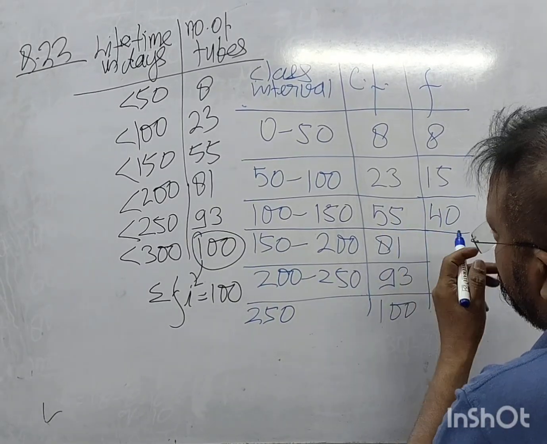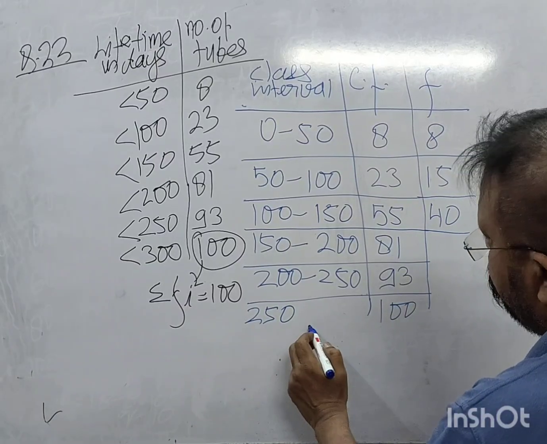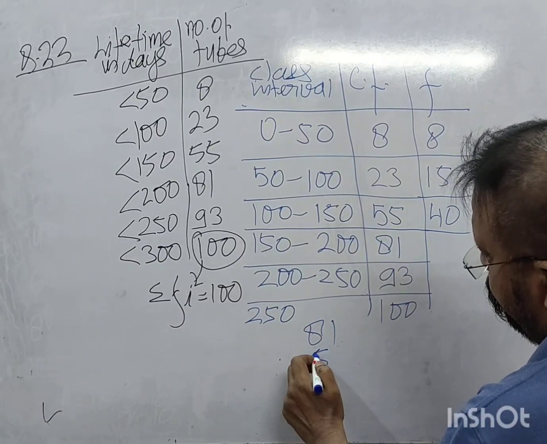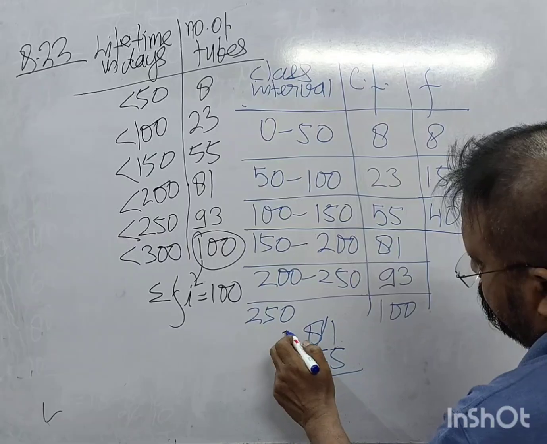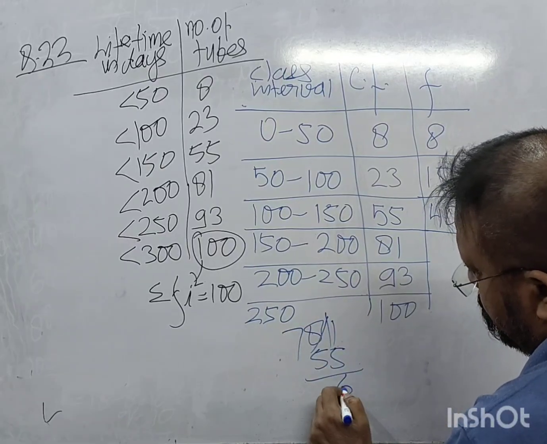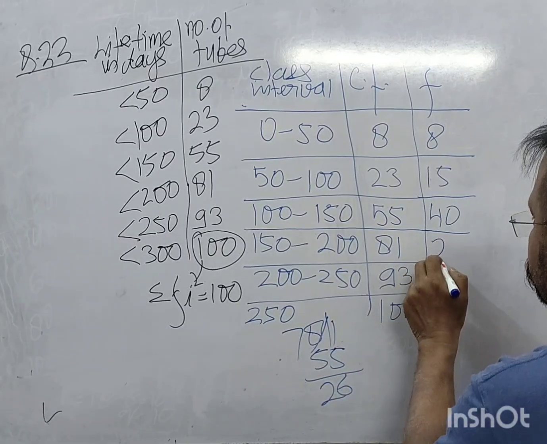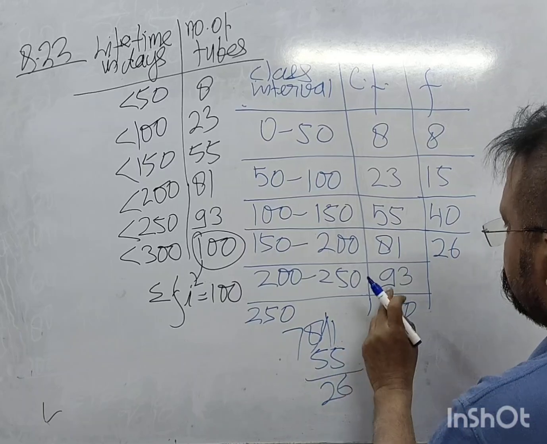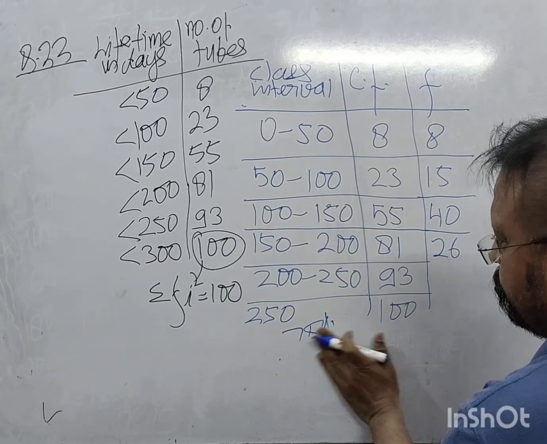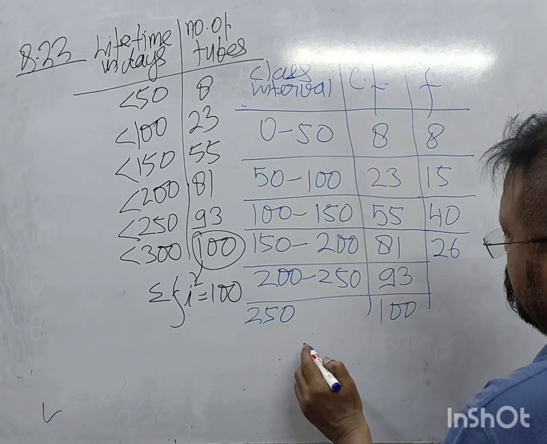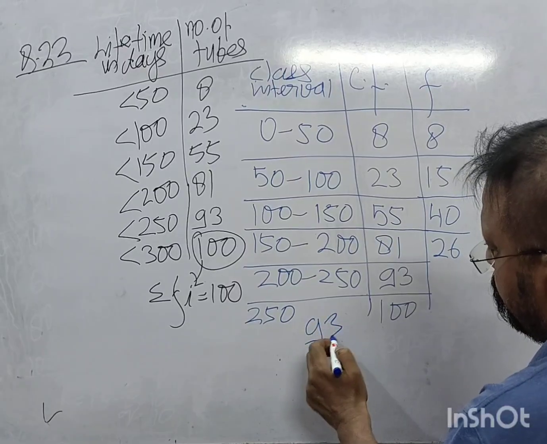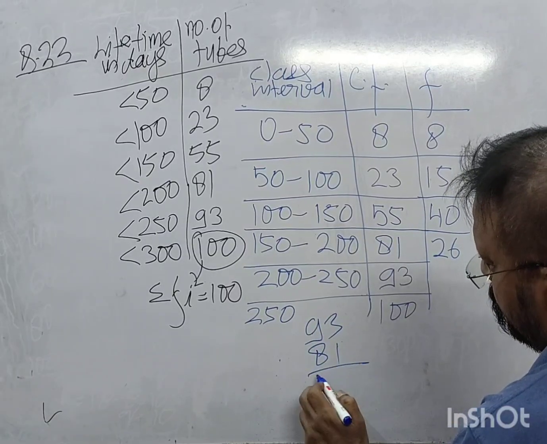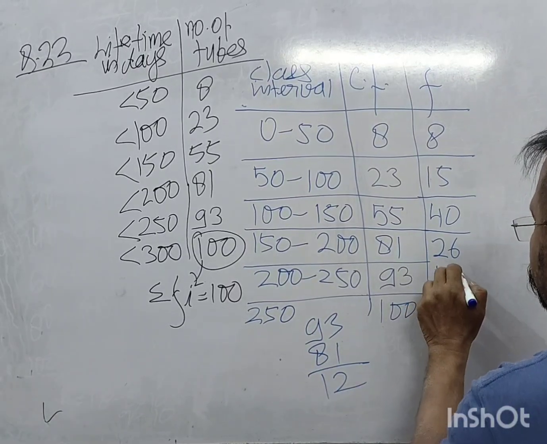Now 81 and 55. You get 7 here, 11 here, 6, 2, 26. This will be 26. And now 93, 81 becomes 12.